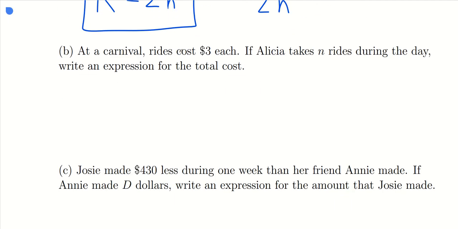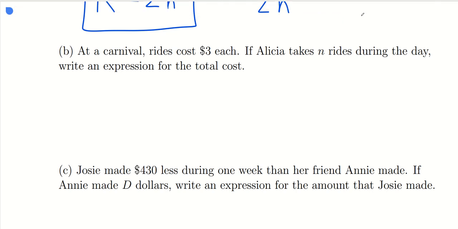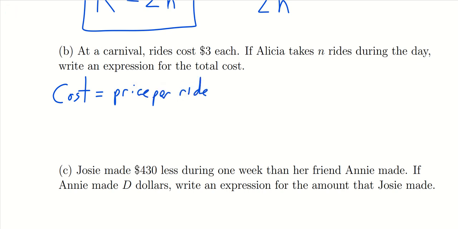At a carnival, rides cost $3. If Alicia takes n rides during the day, write an expression for the total cost. So let's do that. What do we know about the cost? The cost is going to be the price per ride. So how much does each ride cost?